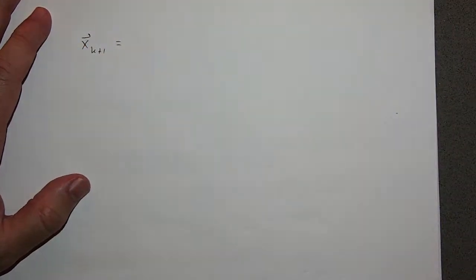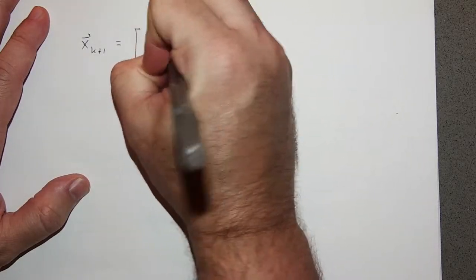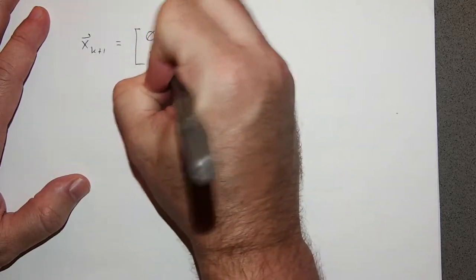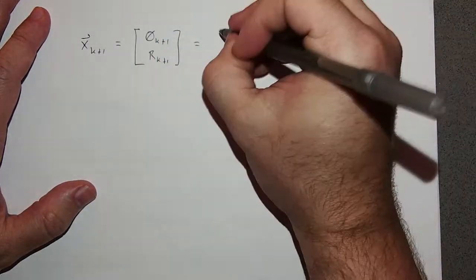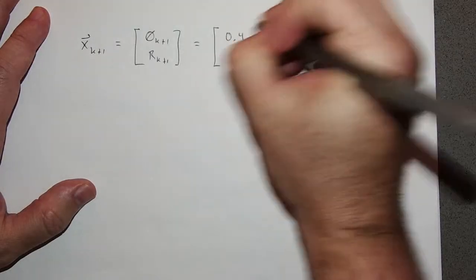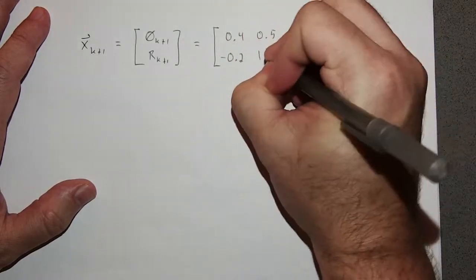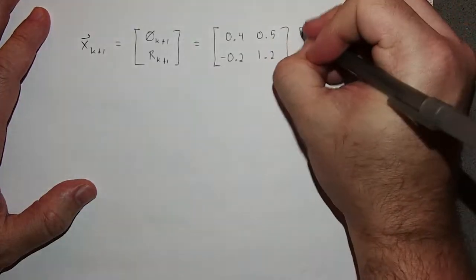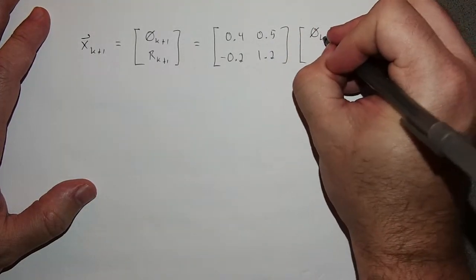as follows. I can rewrite it as this vector containing these quantities after k plus 1 months. That is equal to the matrix 0.4, 0.5, minus 0.2, 1.2, times the previous vector.